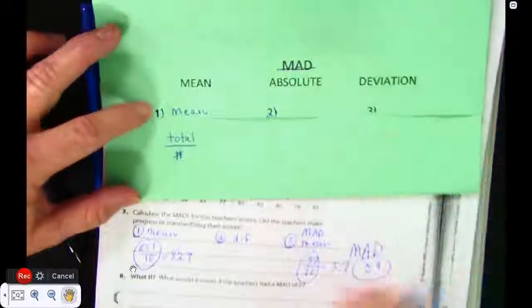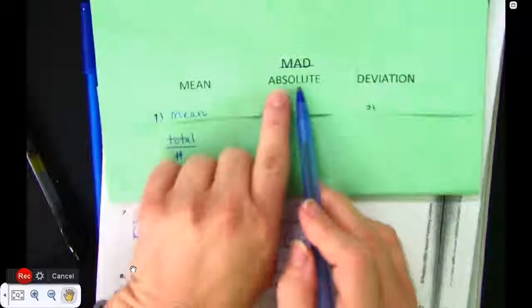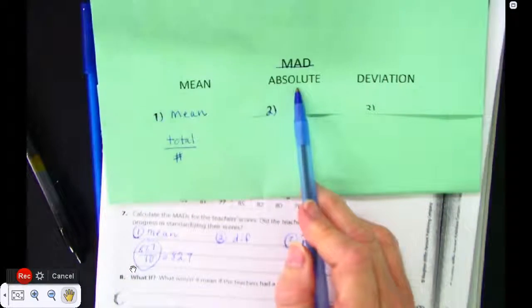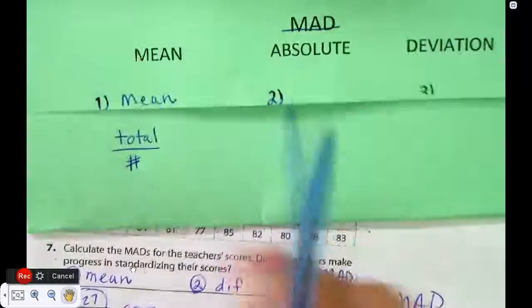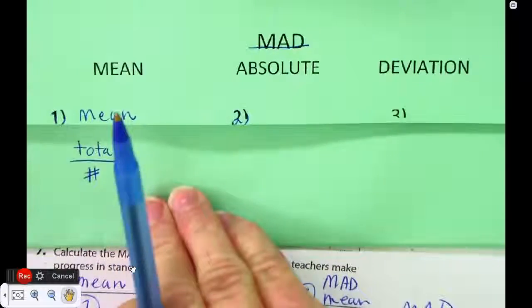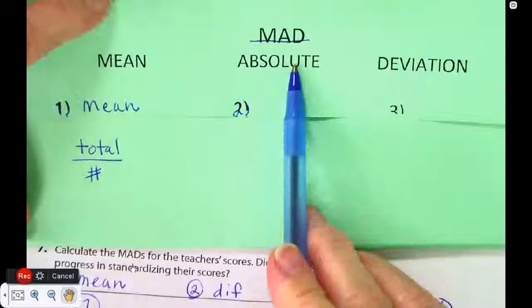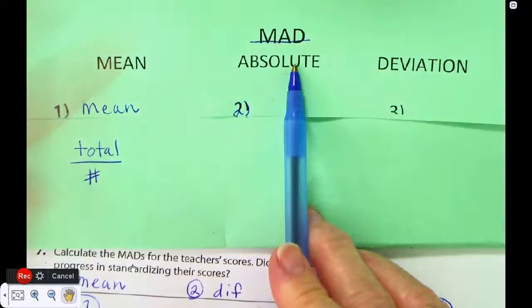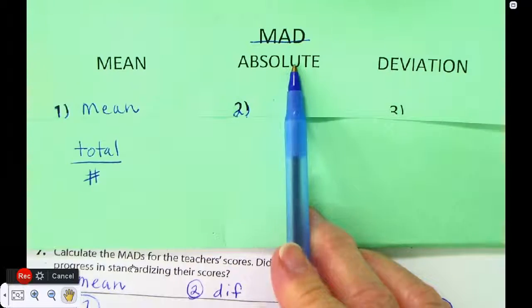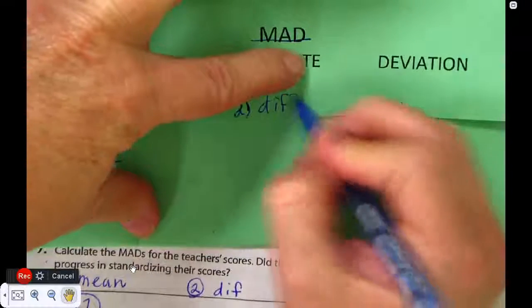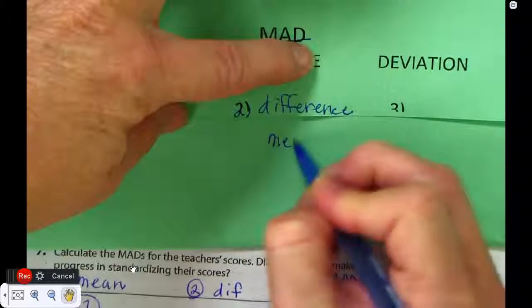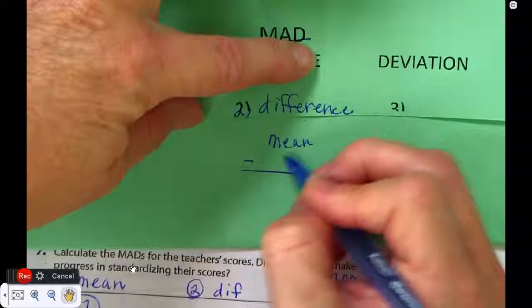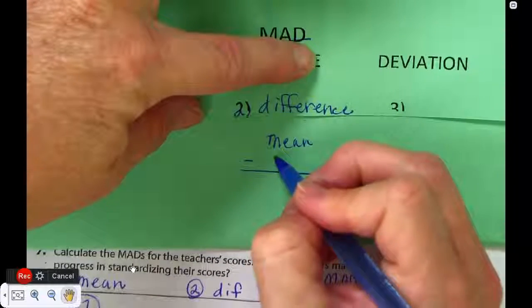Step 2, absolute. That should click in your mind. Oh, I got to get the absolute. What am I going to do on the second step? Absolute. That should remind you to get the distance from the mean. Instead of from 0, you're getting it from the mean. So we're getting the difference of the mean and the numbers.